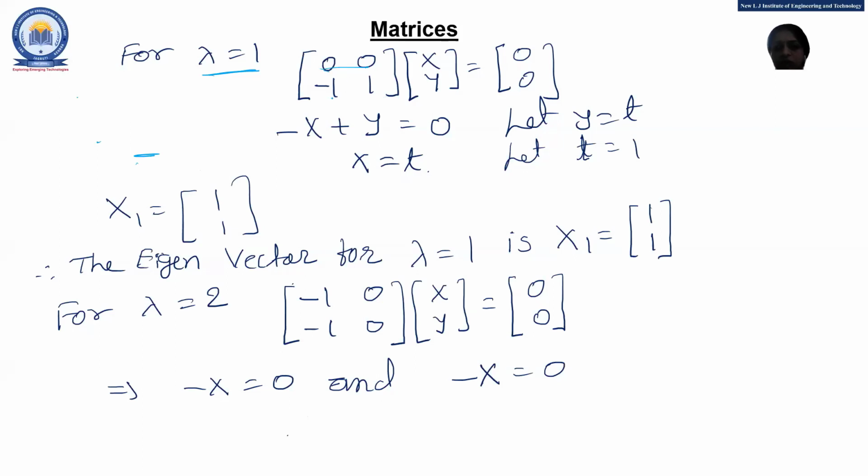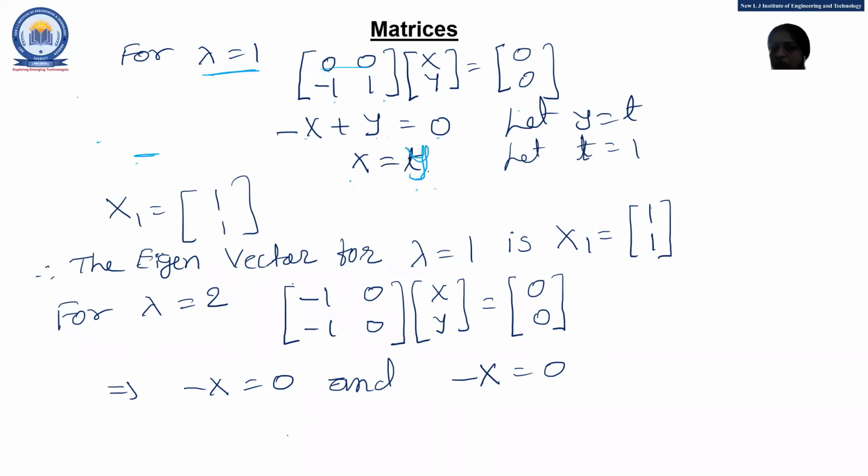From the second row, minus x plus y equal to 0, so we can say that x is equal to y. In the first row, both the left-hand side and right-hand side are 0.